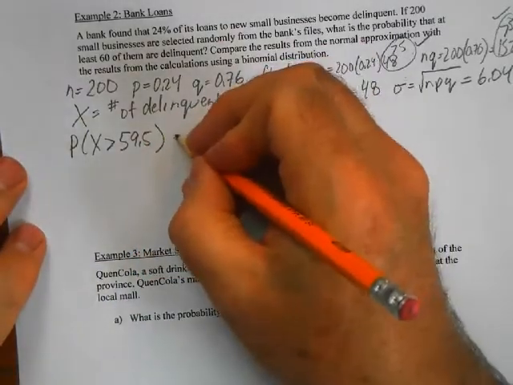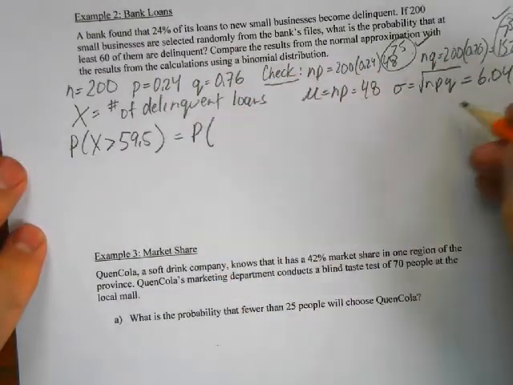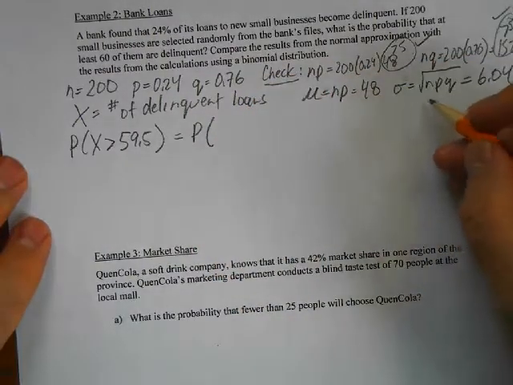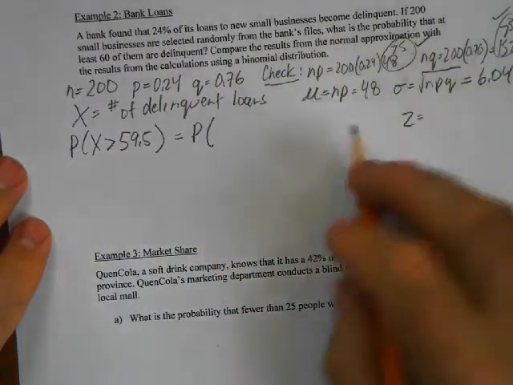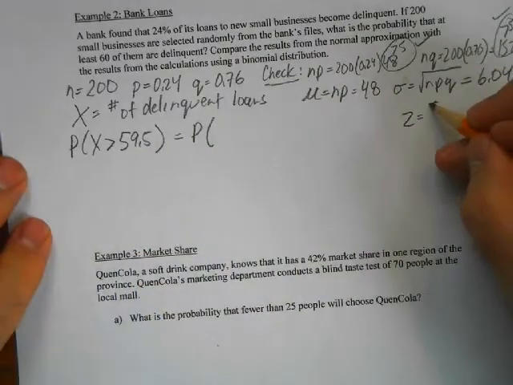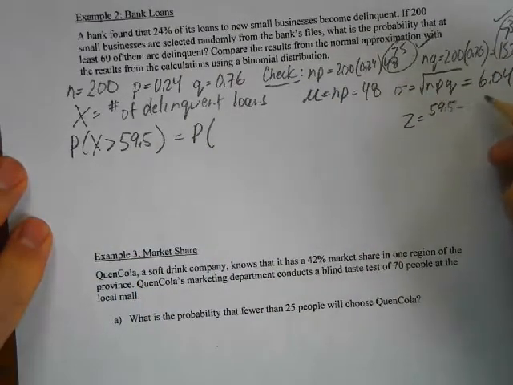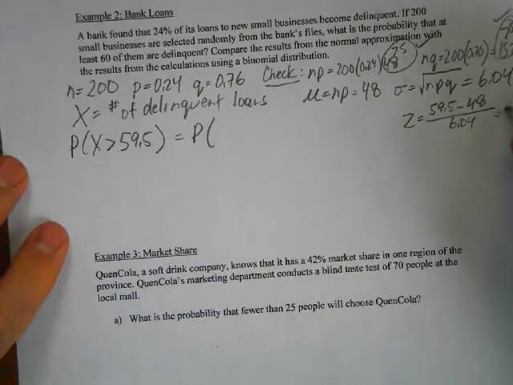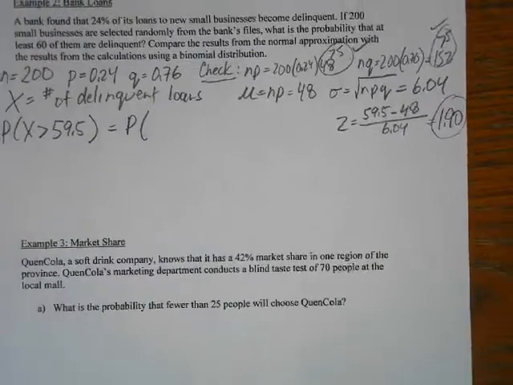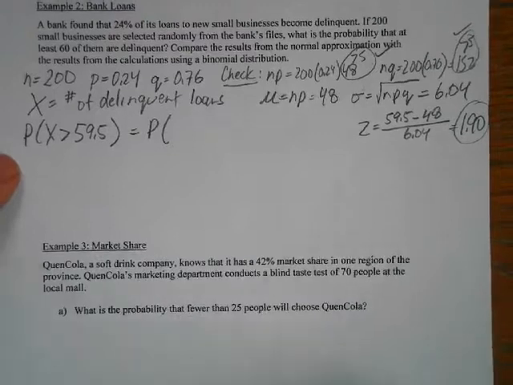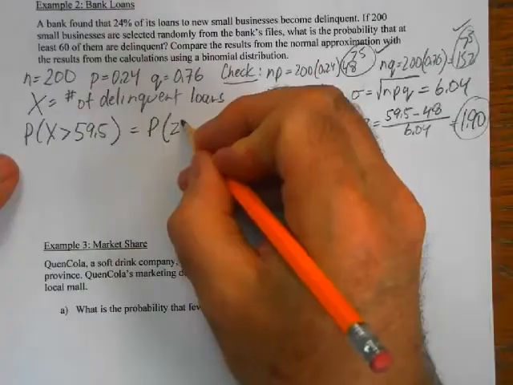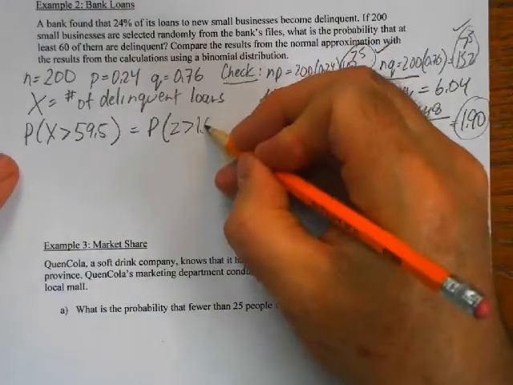Okay, and that's going to change into a z-score, so we have to convert that here. So the z-score will be equal to the x value we're testing for, minus the mean over the standard deviation. It's equal to 1.90. Running off the edge of the paper there. Okay, so that's the probability that z is greater than 1.90.